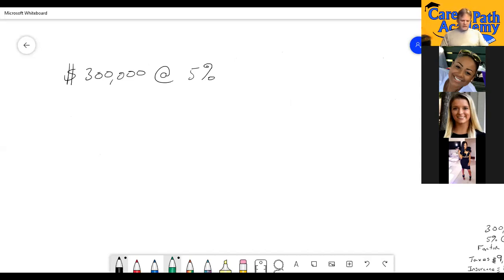If you take $300,000 times 5%, that's $15,000 in annual interest.